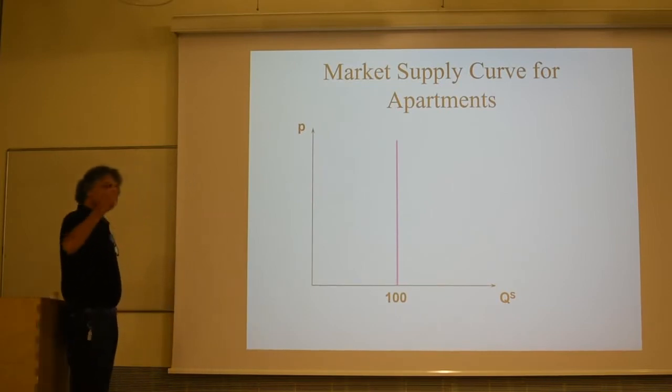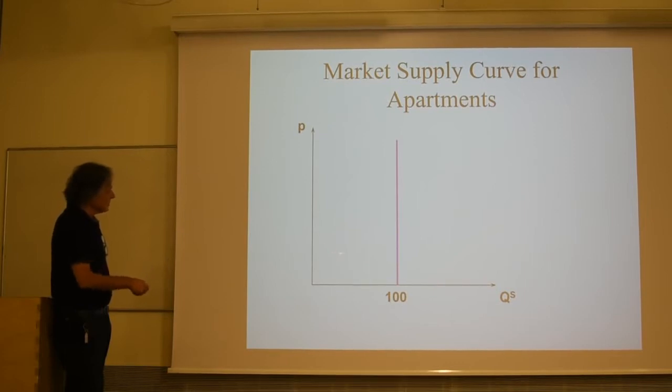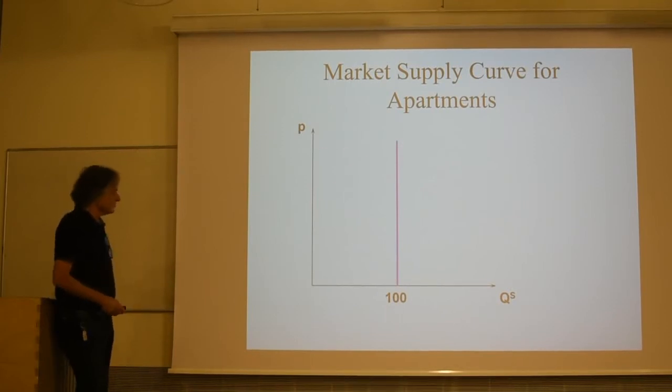If you remember your previous courses, typically a supply function looks like this, increasing. What does it mean? The higher the price that the producer or the builder can get, the more they will build, so it will be an increasing function. Here, we're talking about the short run. There are 100, so it's fixed for any price.